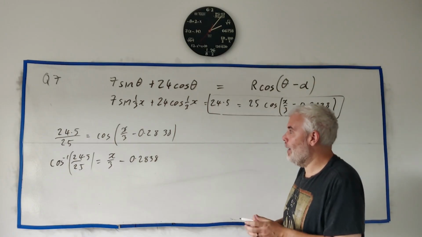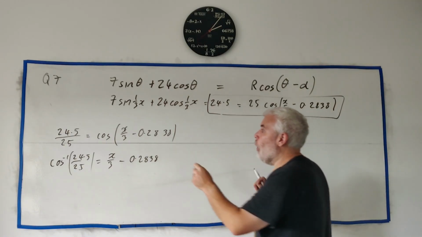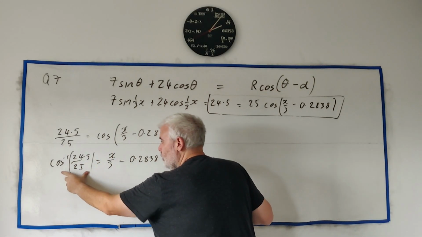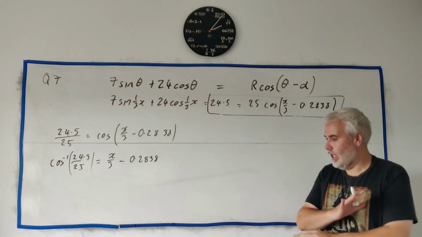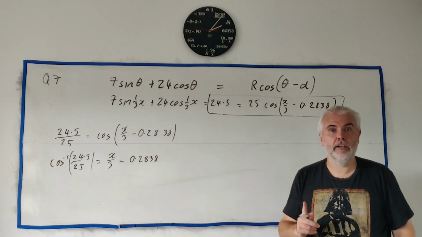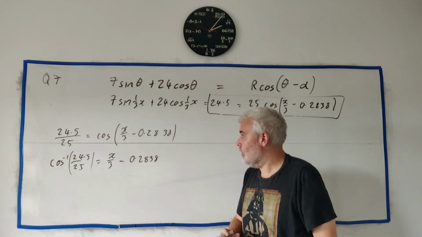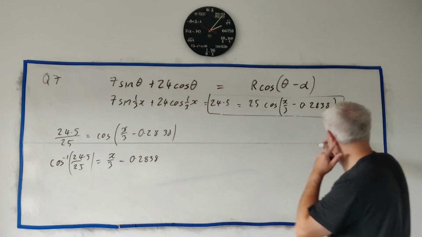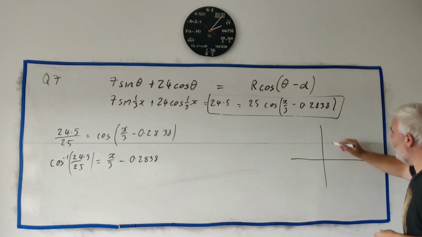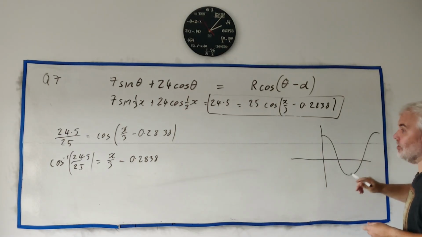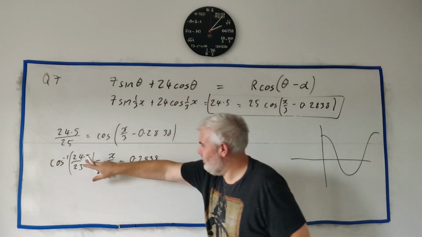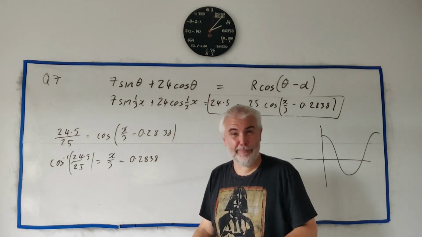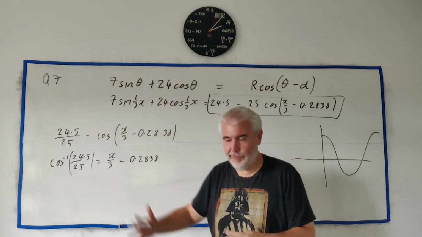What I want you to remember in questions like this is, when you get your calculator to do this work, your calculator is stupid. Your calculator will only give you one answer when there's actually millions. So what you've asked your calculator to do, I'll draw one last picture, I promise. This number, 24.5 divided by 25, is about 0.9 something.